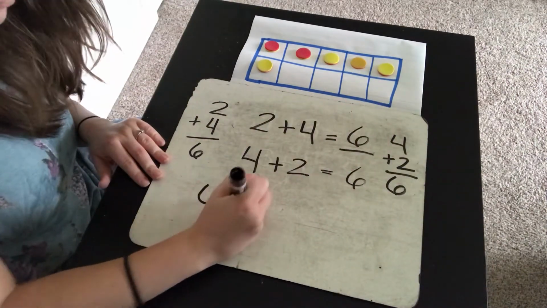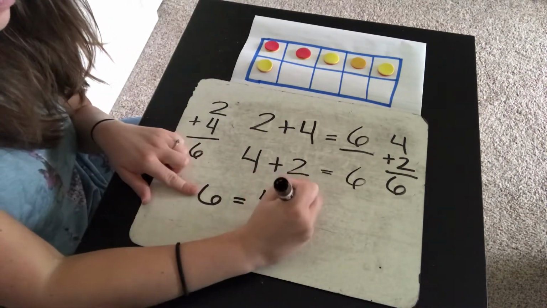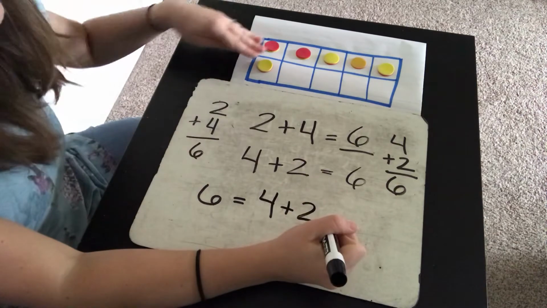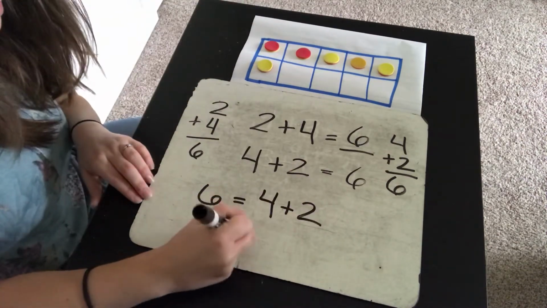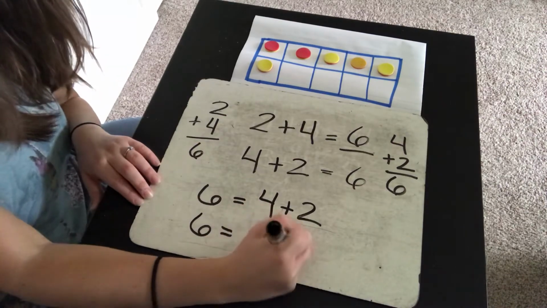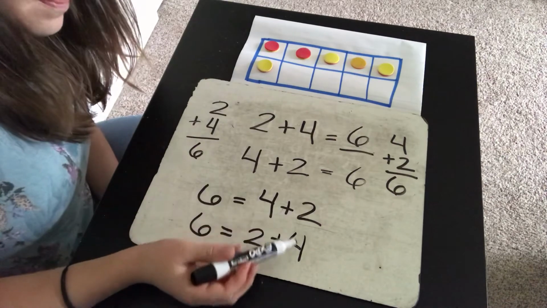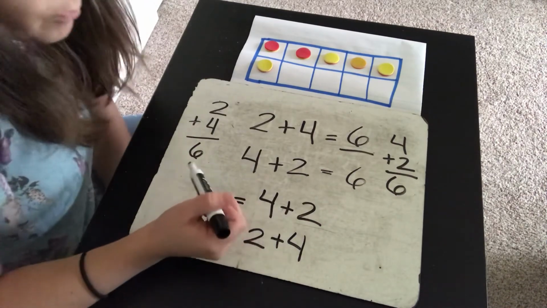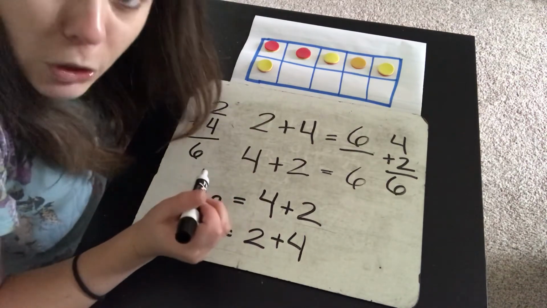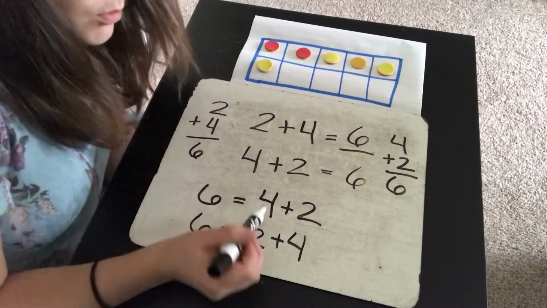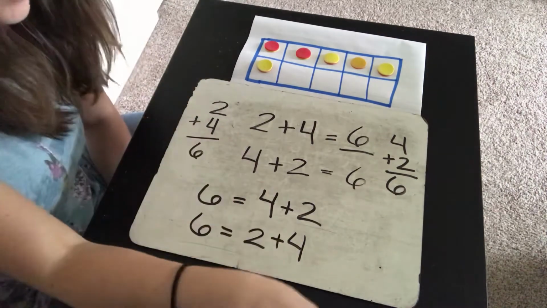Also, you could write with the sum or the answer first and do 4 plus 2: 6 equals 4 plus 2, or 6 equals 2 plus 4. So no matter which way you write this, you are just using the commutative property to switch your add-ins. It's just switching your add-ins in a different order, but they still equal the same answer.